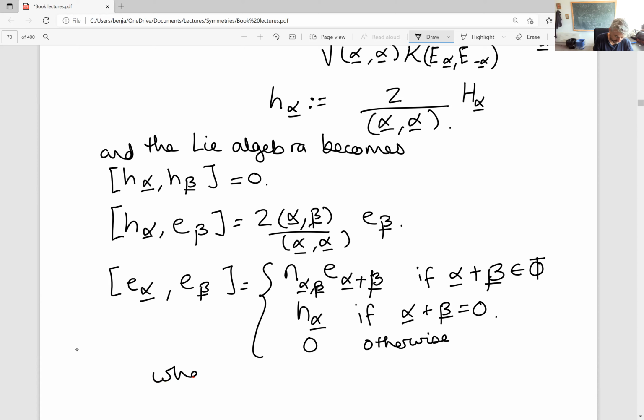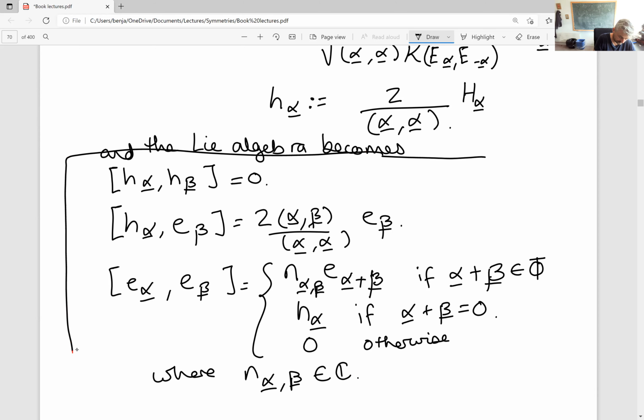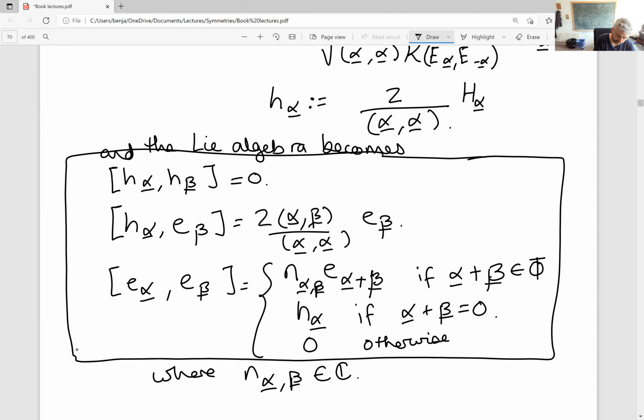And so this is where n alpha comma beta is a complex number. Okay. We call all of these, this Lie algebra in this normalized basis, 6.5.